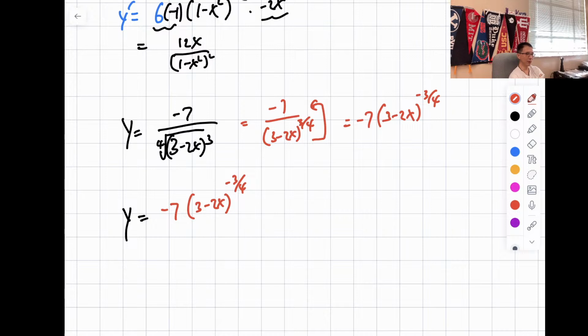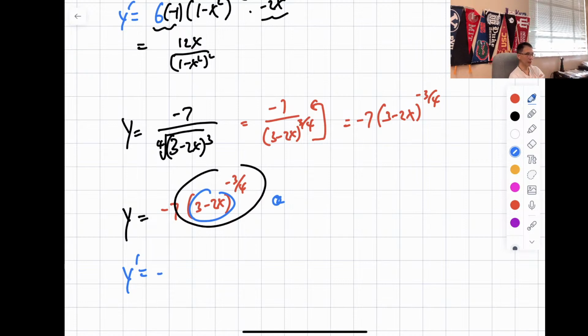Now you have to take a derivative. There are 2 layers. One is the first layer here, and the second one is the second layer. Okay, so now I'm going to take a derivative here. So I'm going to write down y prime. Do you realize I write y and y prime so I don't confuse myself? So it's going to be -7 times -3/4.